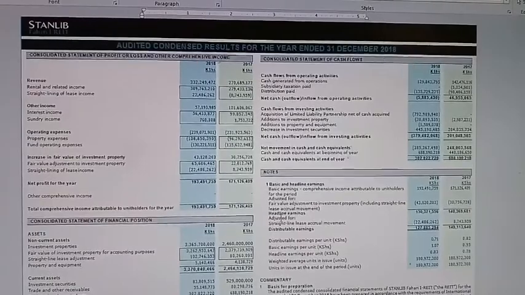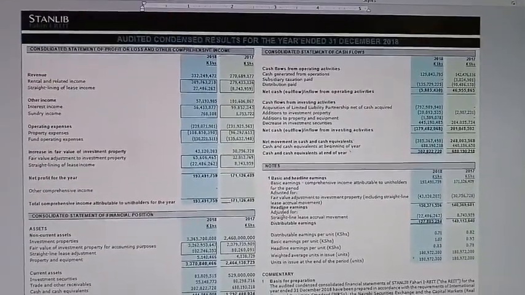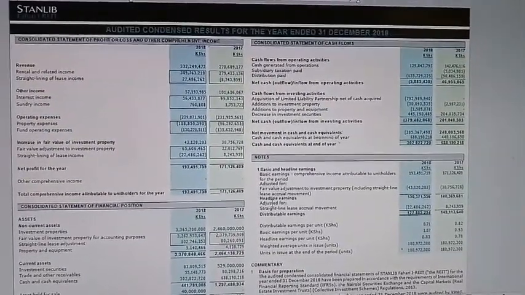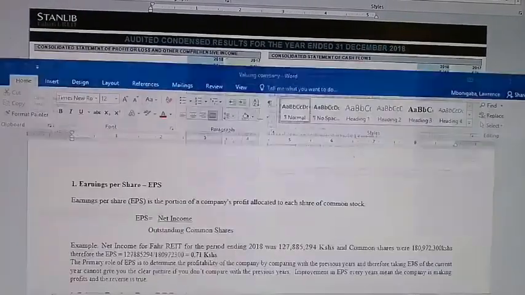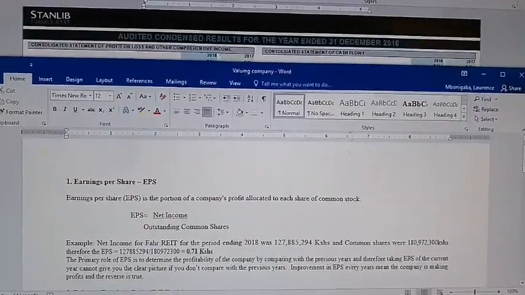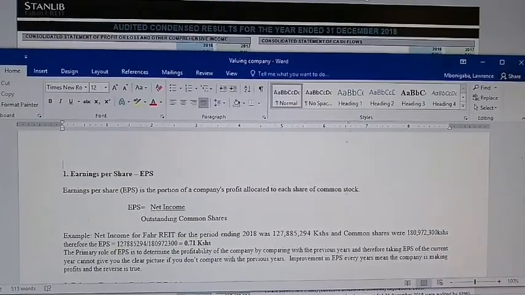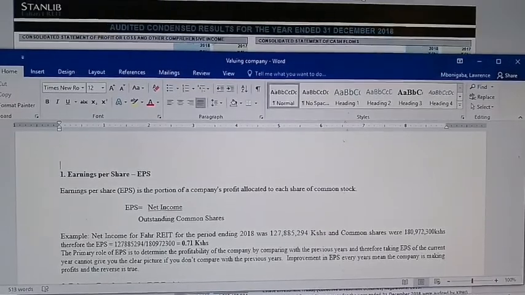There are two things that the dividend payout ratio gives you. Number one is whether the company can manage to pay dividends in the near future or not. For example, if the company is paying more dividends than it is earning, that paints a gloomy picture that in the near future it may not be able to pay dividends.